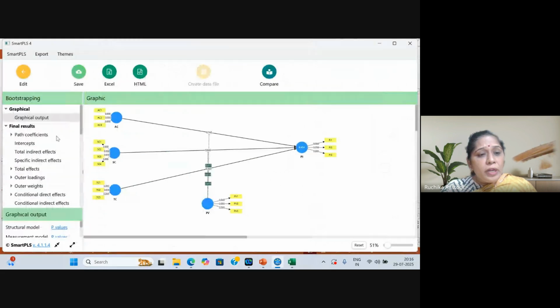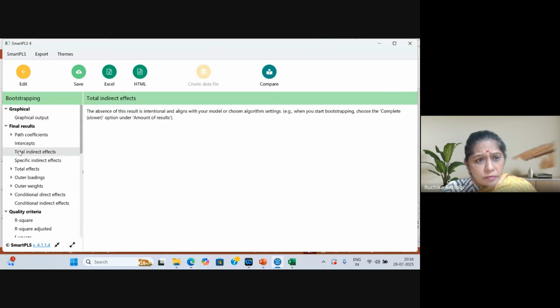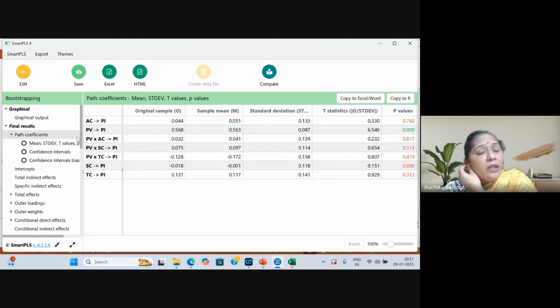And if the total indirect effect is significant, this particular part is significant, the path coefficient, there is only one relationship, and even if you see the moderation effect, PV AC PI, PV SC PI, PV TC PI, this is not significant. That means there is no moderation effect in this study. So that was all about the mediation and moderation.